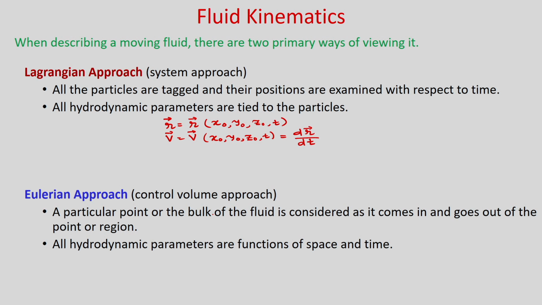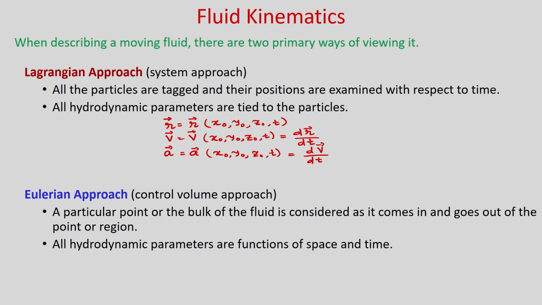So, you can see in the Lagrangian approach you actually track each and every particle, and acceleration you can also represent as a function of x naught, y naught, z naught and time t, and this you can write as dv by dt.